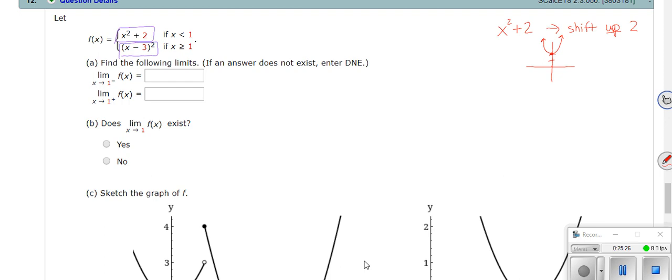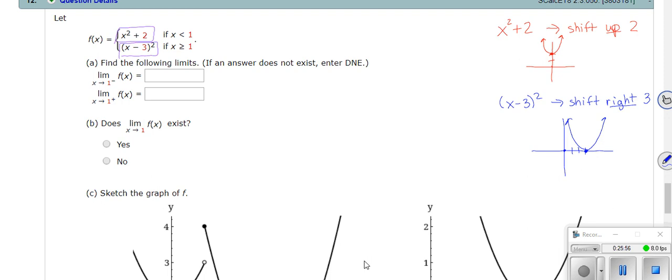Now, in the same vein, the next one, the x minus 3 squared, is a shift what? The minus 3 is actually backwards. It's a shift right 3. So again, instead of being centered at 0, 0, it's actually going to be centered at 3, 0 and go up. That's what they're going to look like.